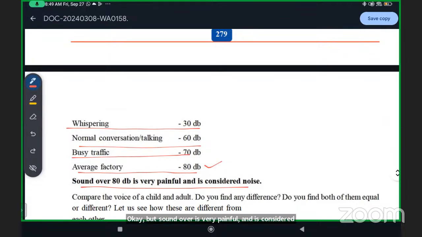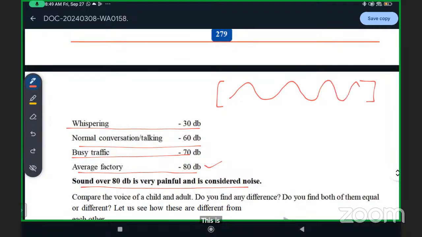Now, what is basically the frequency? The number of times a sound wave repeats itself per second is basically the frequency. This is a sound wave in 1 second, and this is another sound wave in 1 second.